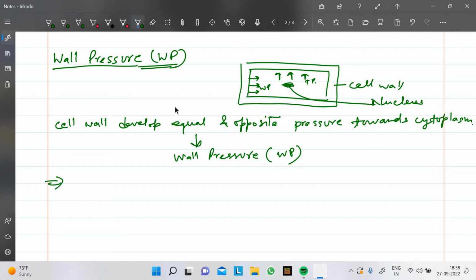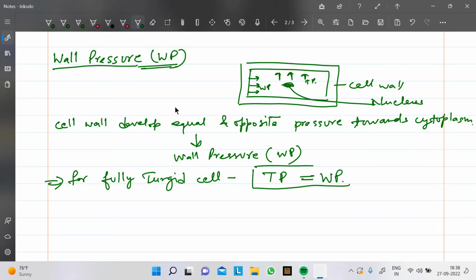And for fully turgid cell, Turgor pressure is always equal to wall pressure. And numerically both Turgor pressure and wall pressure have positive value.